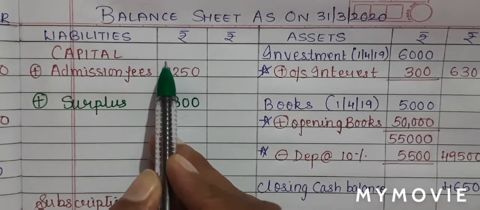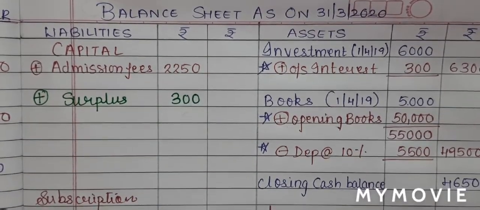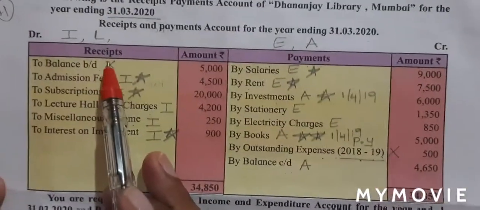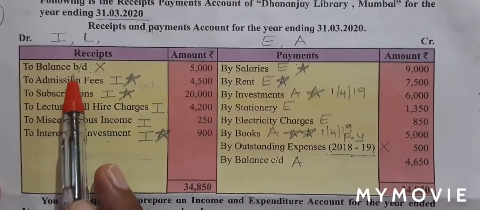So, I need to calculate the capital. Let's do the calculation for capital. My formula to calculate capital is opening assets minus opening liabilities. So let us find out our opening assets and opening liabilities from the question. On the receipt side, to balance brought down is my opening cash balance.